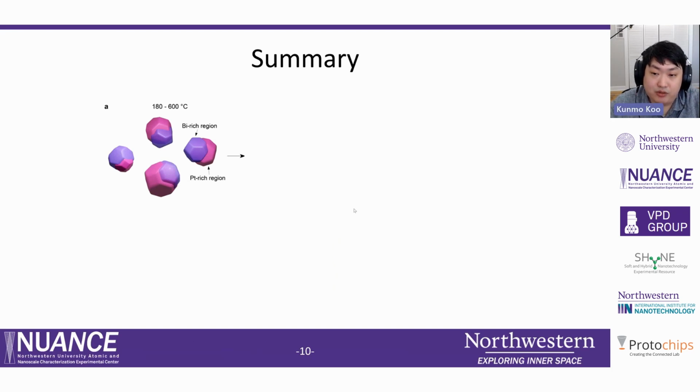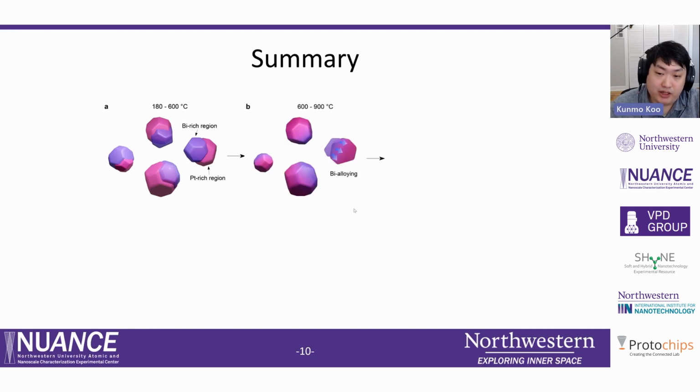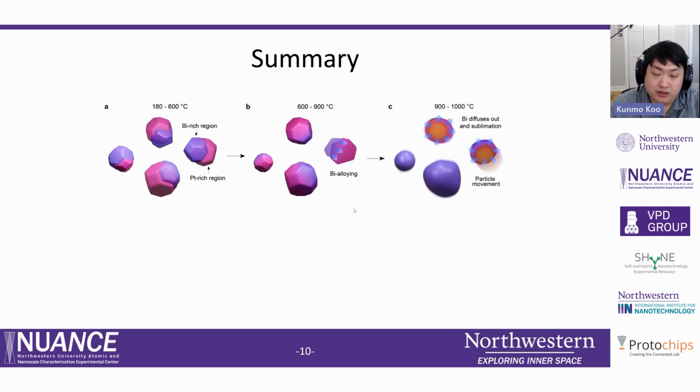This is the summary slide for the formation mechanism of the high-index faceted platinum-bismuth alloy nanoparticles by evaporation-induced growth from the metal salt, which was identified with the in situ gas experiment. The initial metallic salt precursor forms nanoparticle seeds below 600 degrees and alloys together at the higher temperature. At 900 to 1000 degrees Celsius, which is the de-alloying temperature, bismuth starts to segregate and diffuse out from the alloyed seed, causing instability and particle movement.